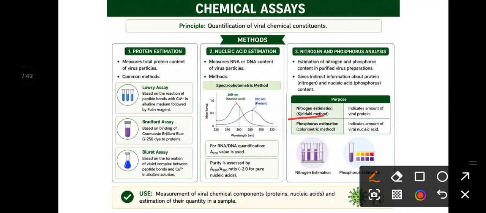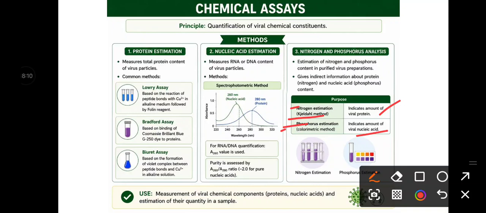Similarly, phosphorus is analyzed colorimetrically. We have already studied this method in our UG in soil science. So nitrogen indirectly estimates the viral protein, and phosphorus indirectly estimates the viral nucleic acid.